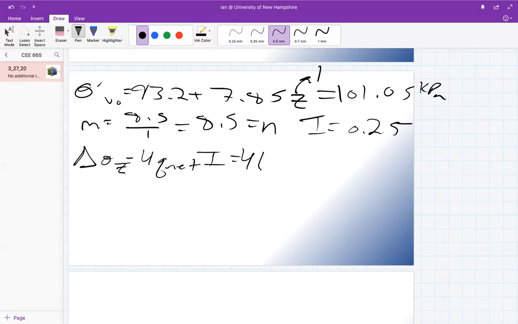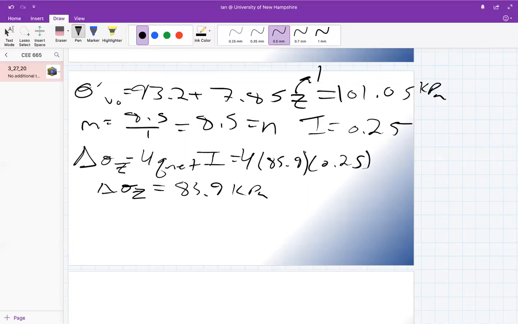We know 4 times 85.9, and now times our 0.25, and we get delta sigma z as 85.9 kPa, because it's just 4 over 1/4, so we get the same thing. We're going to keep reiterating this for every layer.